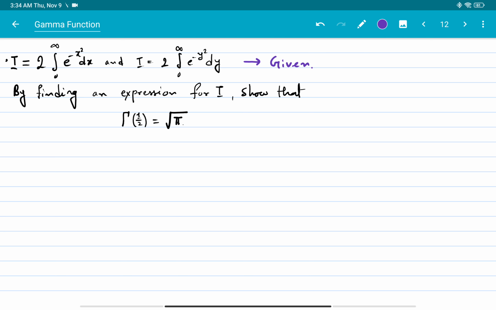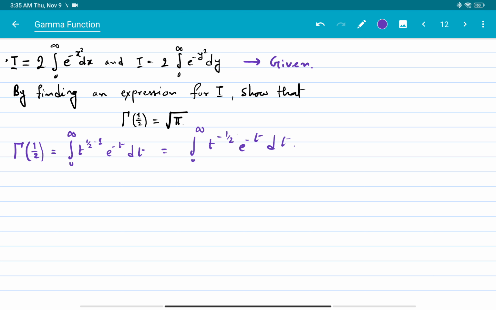So gamma of half is nothing but the integral from 0 to infinity of t to the power half minus 1, e to the power minus t dt, that is, the integral from 0 to infinity of t to the power minus half, e to the power minus t dt.